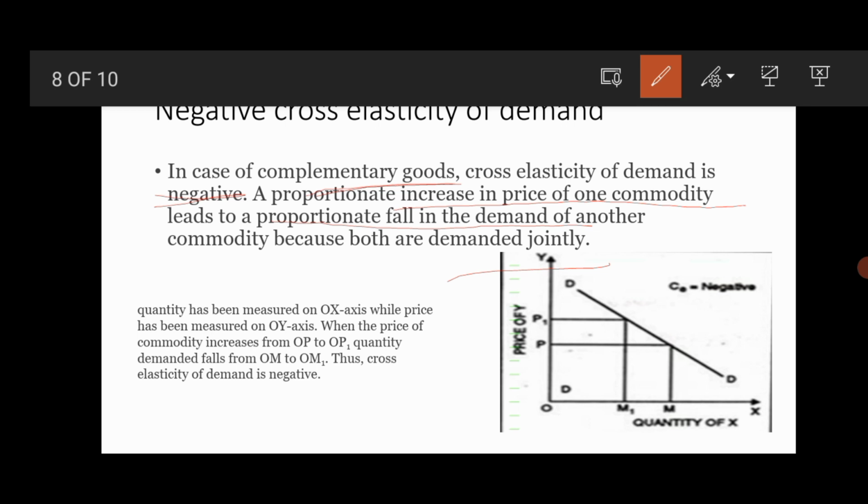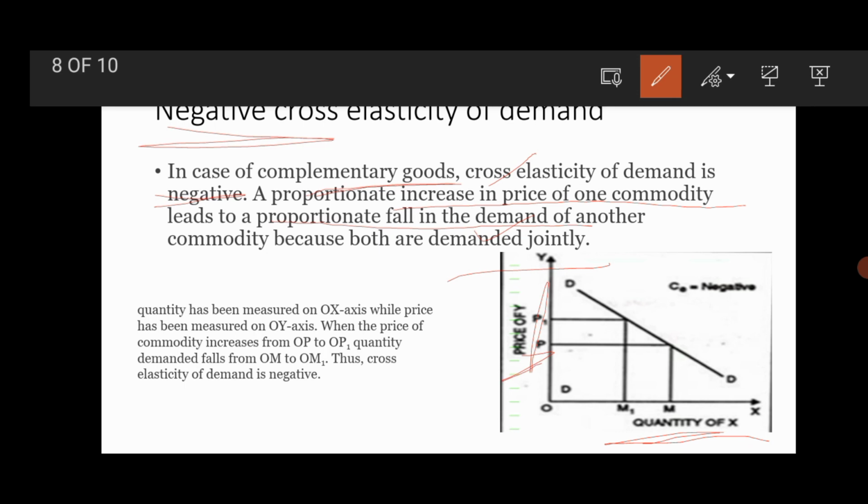So if the commodities are demanded jointly, then we call them complementary goods, and if there is an increase in the price of one commodity, there will be a fall in the demand of another commodity. So that was said by negative cross elasticity of demand. In the diagram we can see that quantity demanded of X is measured on the OX axis, and price of commodity Y is measured on the Y axis.